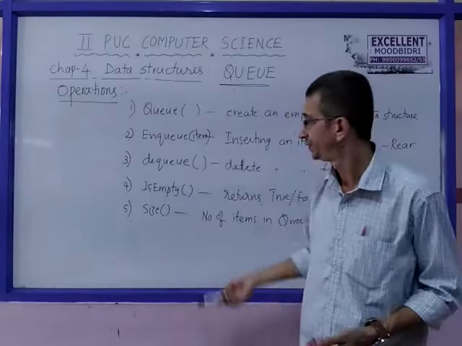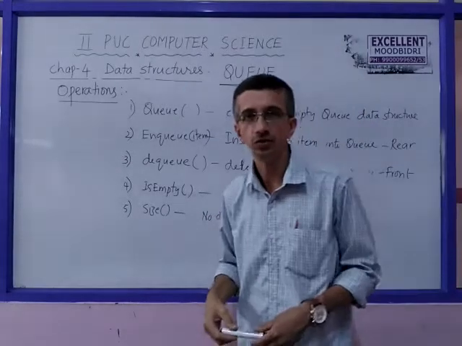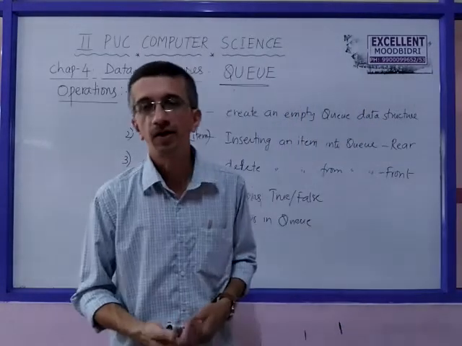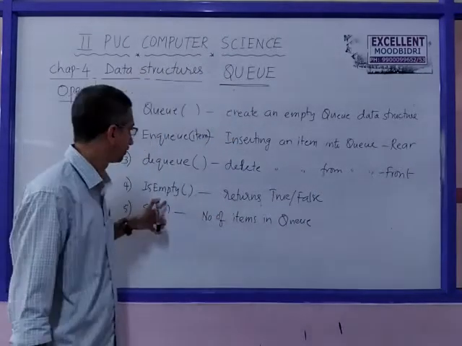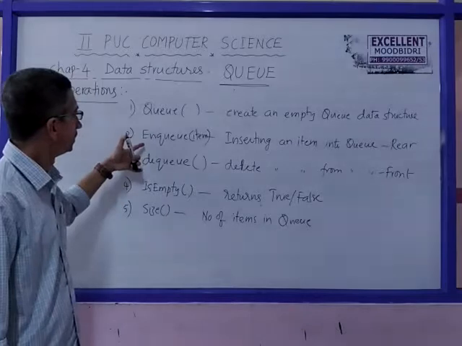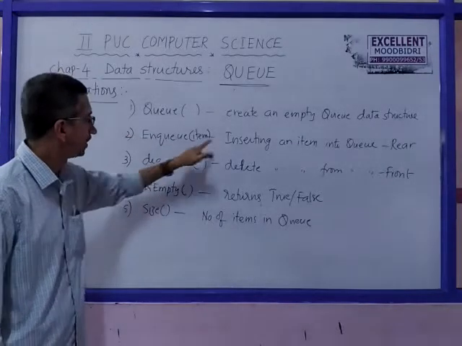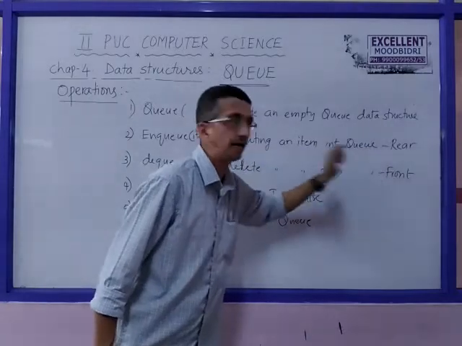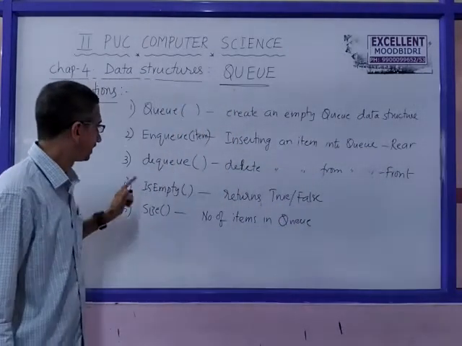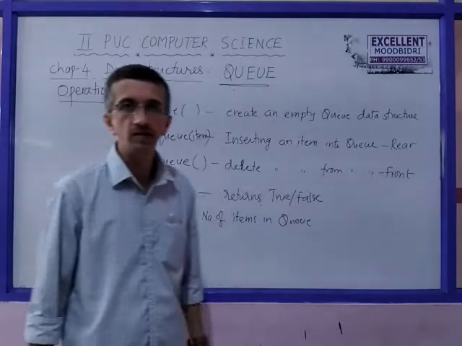So isEmpty is usually used before we do any operation on a queue or even a stack. So these are the operations on queues: creating, NQ and DQ, that is insertion and deletion of items at the rear end and the front end respectively, isEmpty and size.